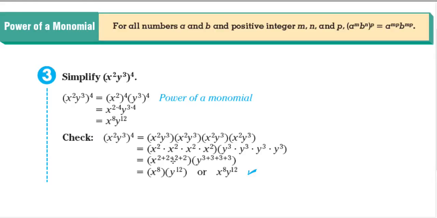So you now have 2 plus 2 plus 2 plus 2. Same thing with the y, 3 plus 3 plus 3 plus 3. It becomes x to the 8th, y to the 12th. Our answer checks out. So that's a third rule for this lesson, power of a monomial.